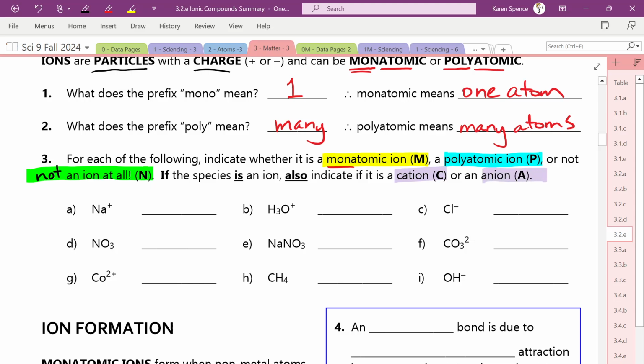So if it's an ion, decide, is it a C cation or is it an A anion? Give those a try. Start by looking and saying, are they monatomic, polyatomic, or not an ion?